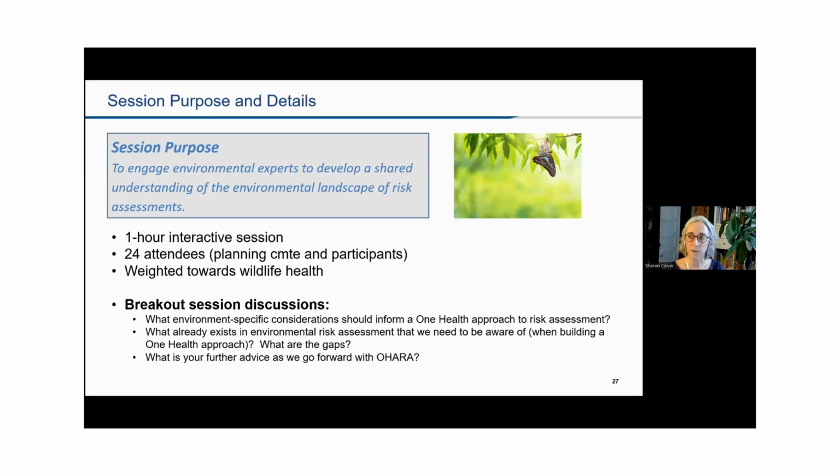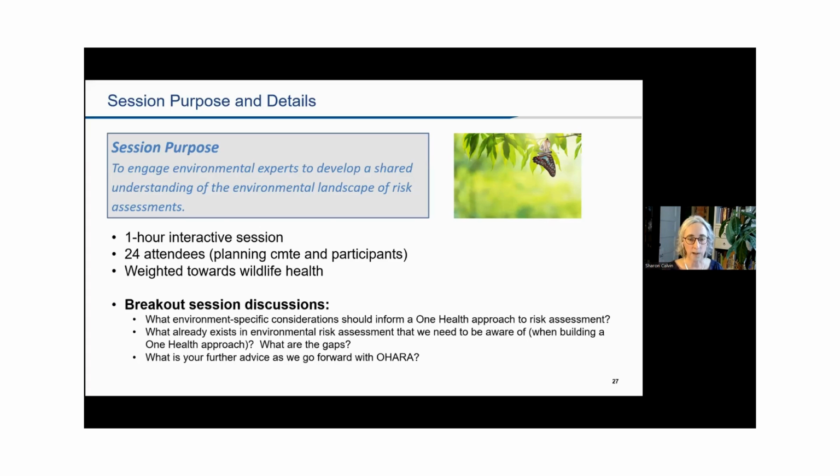Throughout the planning process, we were trying to expand the participation, and we realized that it was just such a large area, environmental health, and we didn't have all of the proper connections, and that more work would need to be done in that area. And so we just went ahead with this shorter session to have some initial discussions.